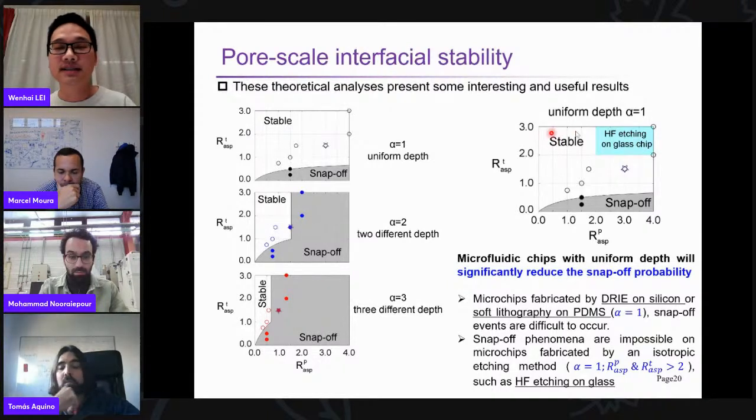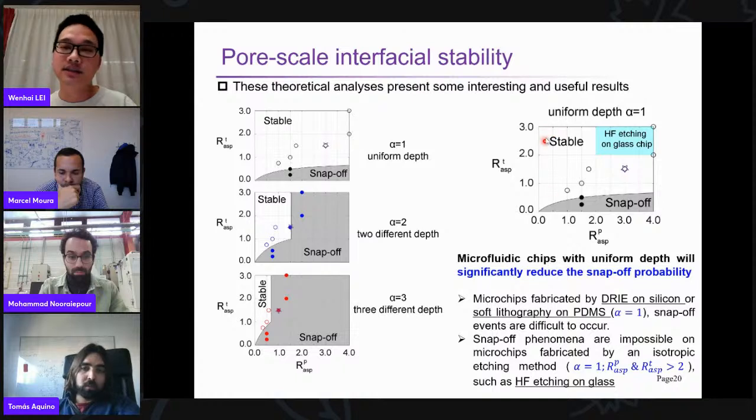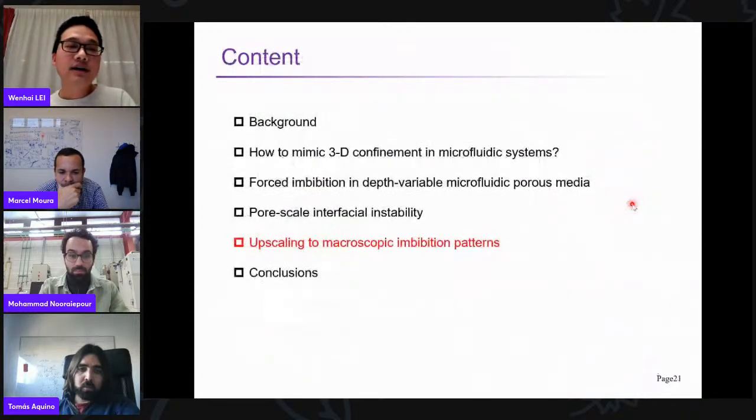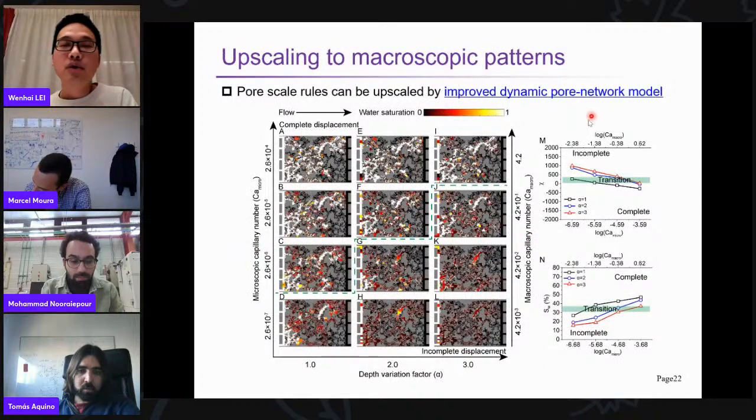And if you use the silicon microfluidic chip or PDMS, as shown in these figures, snap-off is also very difficult, as shown in this green area. After the pore scale interfacial instability analysis, we want to upscale this pore scale interfacial phenomena to the macroscopic patterns. So first, we input the critical capillary number and the geometric criteria into the improved dynamic pore network model.